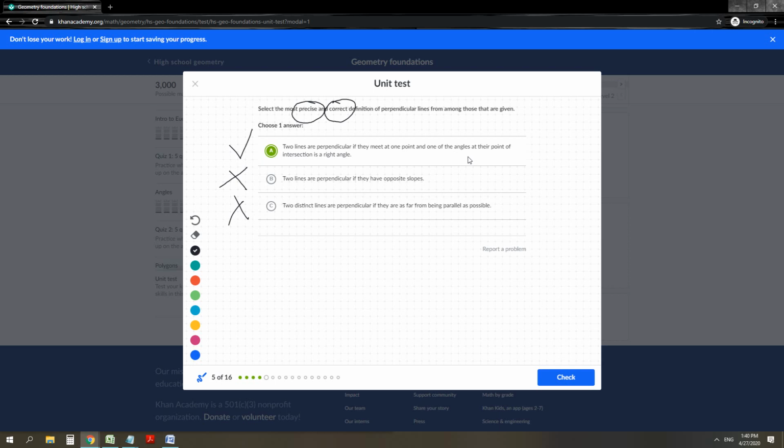Well, if one of the angles is a 90-degree angle, we know the other ones are going to be as well. That's why it's just saying one. It's kind of a weird way to word it. I would probably word it, two lines are perpendicular if they meet at one point, and the angles formed are right angles. But this definition is also very precise and technically correct.